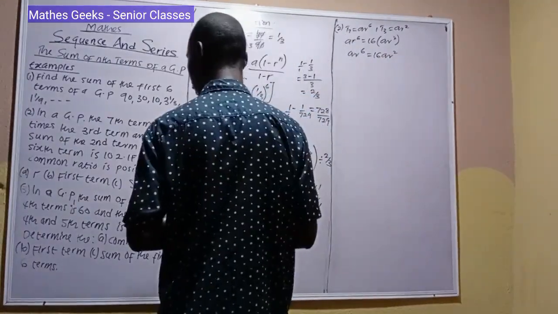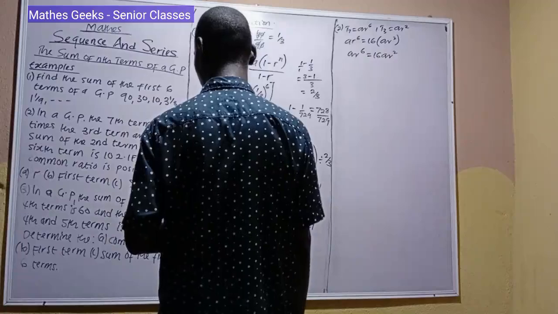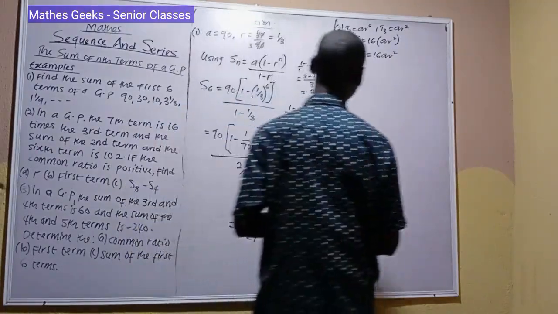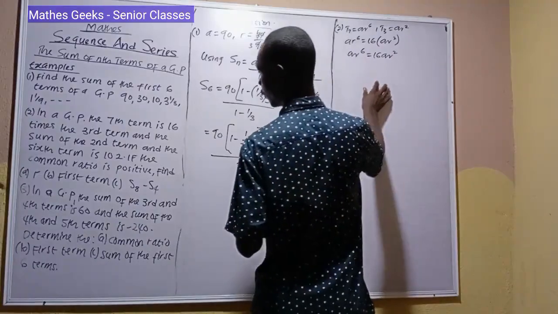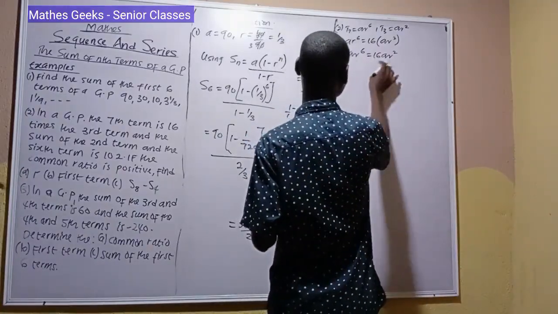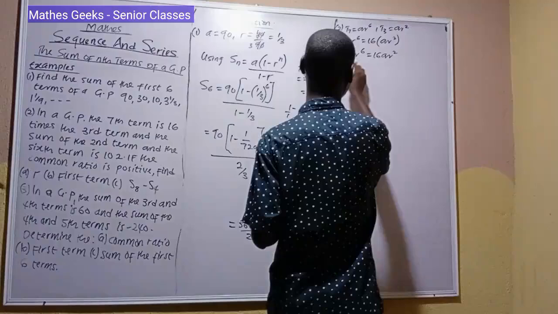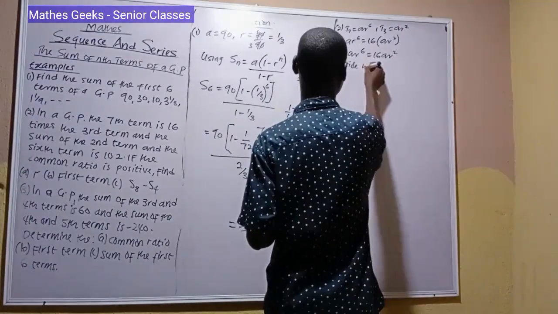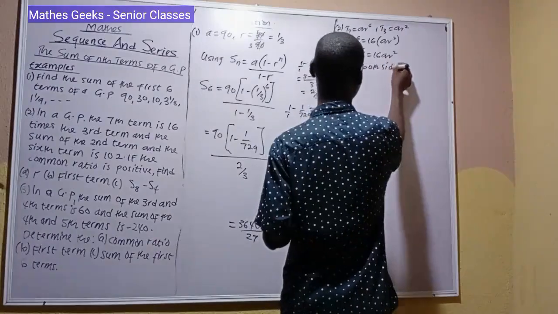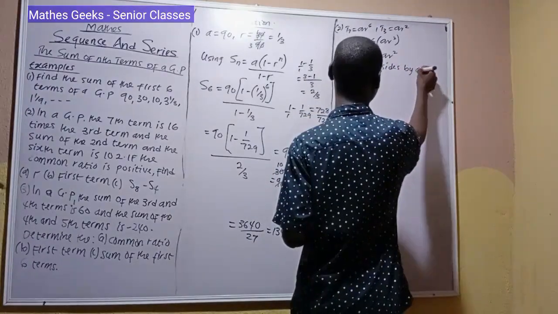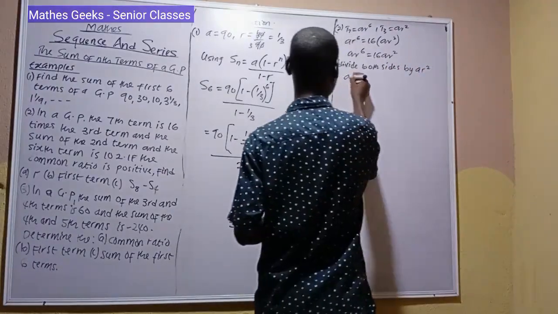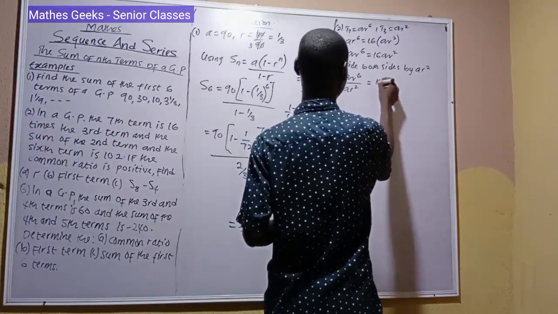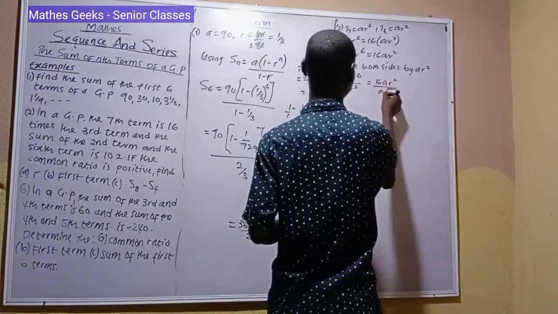And the sum of the second term and the 6th term is 102. First of all, let's get the value of the common ratio. Divide both sides by ar^2: ar^6 over ar^2 is equal to 16ar^2 over ar^2.